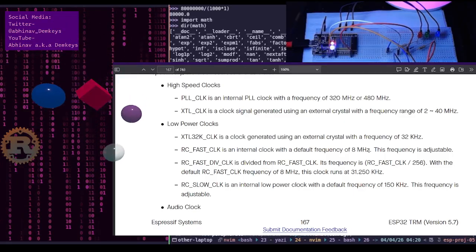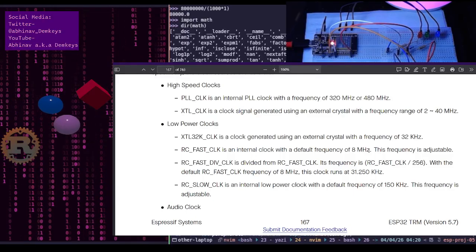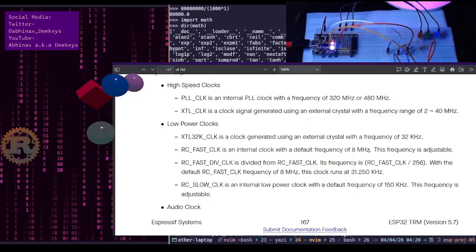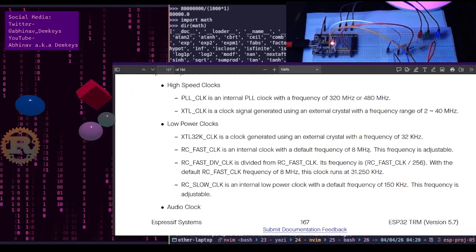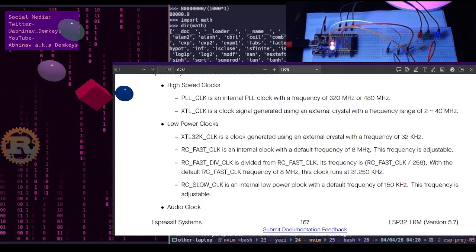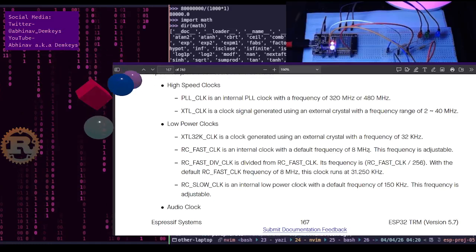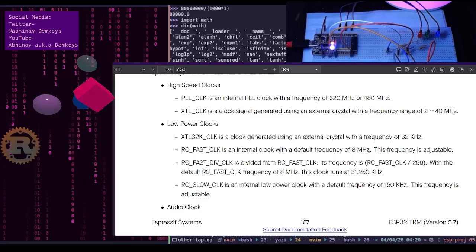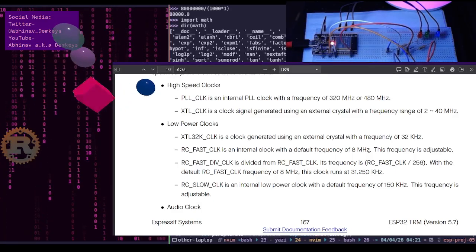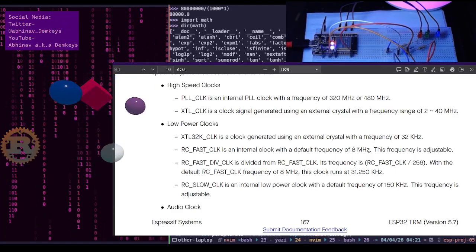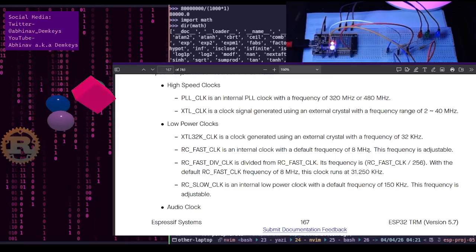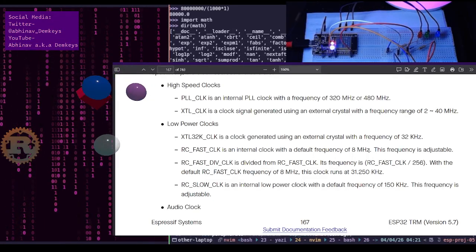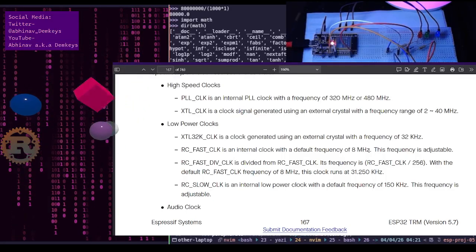So we have 1 hertz, 10 hertz, 100 hertz, 1 kilohertz, right? 10 kilohertz, 100 kilohertz, 1 megahertz. That's a million. Okay.